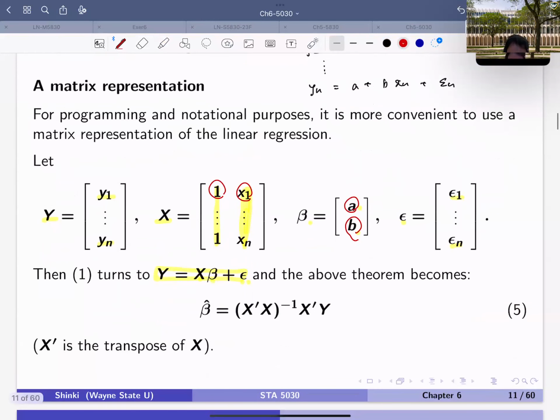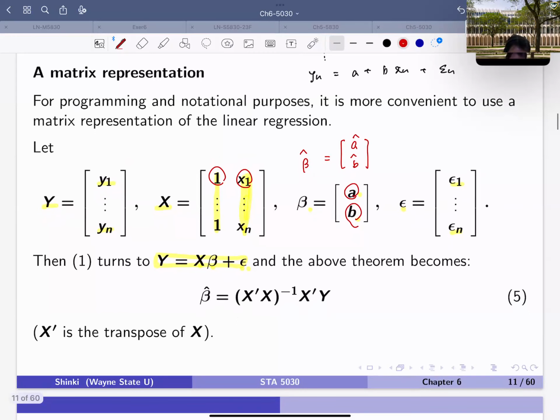With this, we can estimate a hat and b hat. A hat and b hat are represented by beta hat, which is calculated by just this matrix product. X is an n by 2 matrix, right? So X transpose is 2 by n, and this is n by 2, so this entire quantity is 2 by 2, and we can take the inverse.